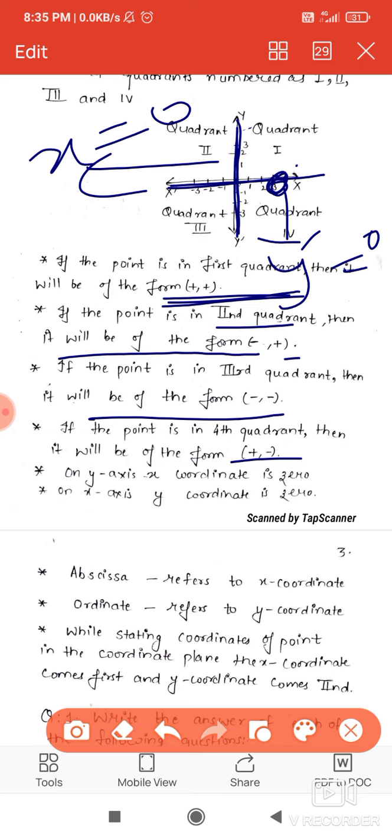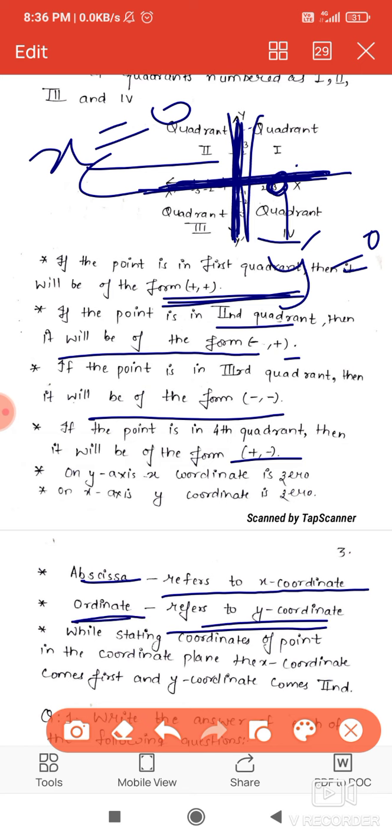Abscissa: the horizontal line is known as the x-axis, and abscissa refers to the x coordinate. The vertical line is known as the y-axis, and ordinate refers to the y coordinate. Fine.